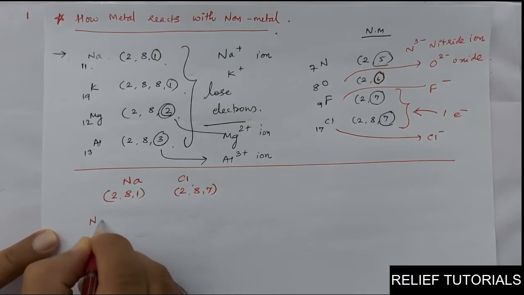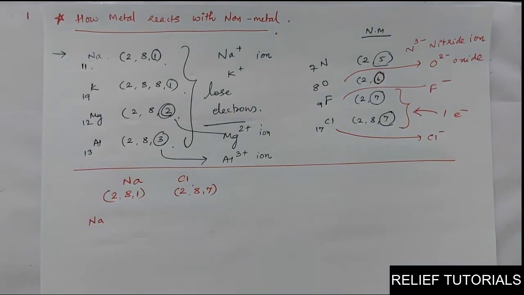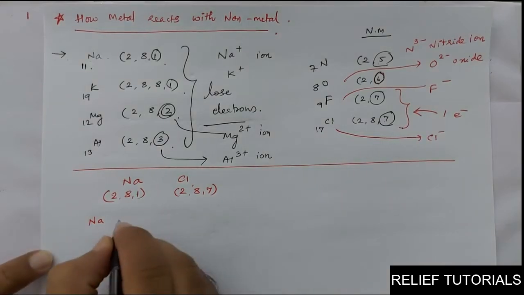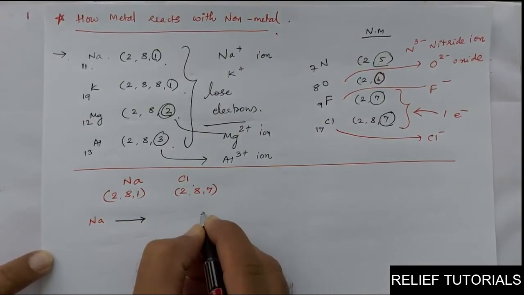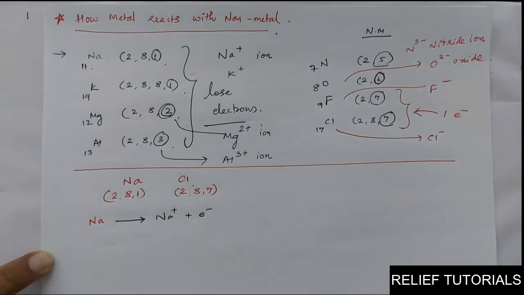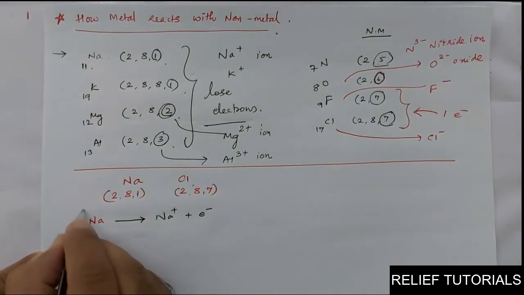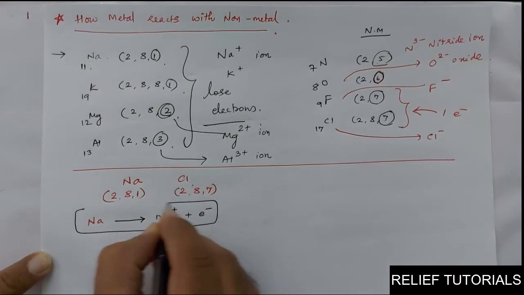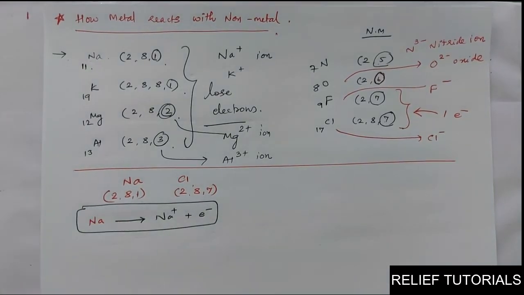So sodium is going to lose the one electron and it forms Na+ ion. This is called an ionization reaction. This is the representation of ionization of sodium.